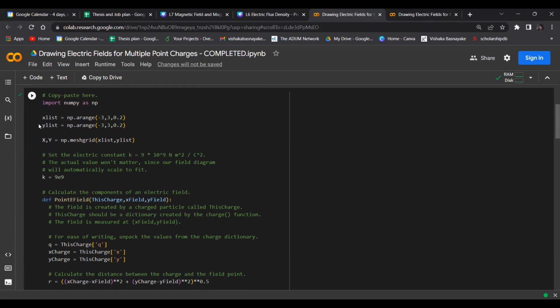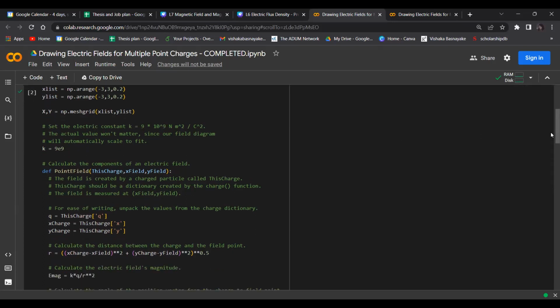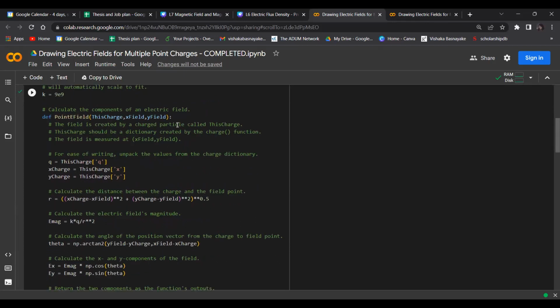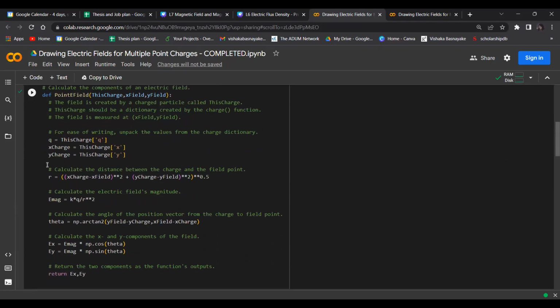we can define a certain area first, which is done by this X list, Y list, and so on. So we first create an area that we consider, and then we define some parameters for the simulation, and then we measure certain parameters, such as in here the parameter r means the distance between two charges.